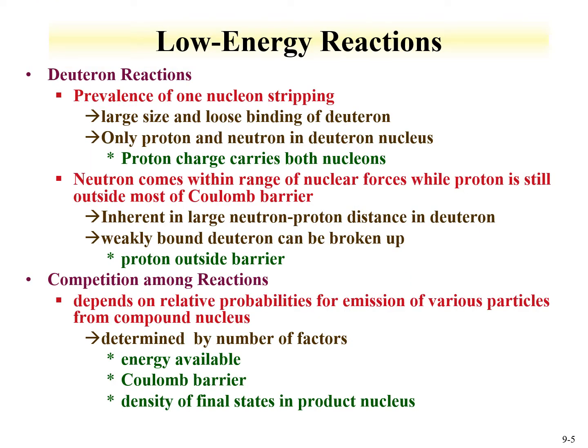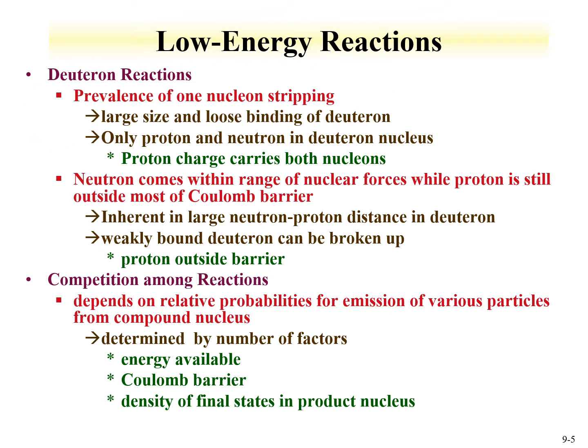Other low-energy reactions with light projectiles include deuterium or deuteron reactions. With deuterium, you have 1 proton, 1 neutron in the nucleus. So you can think of almost that the proton is carrying the neutron around.